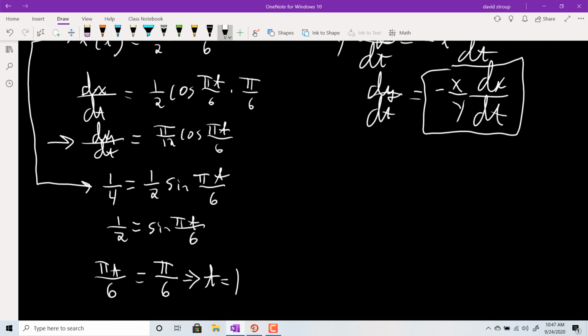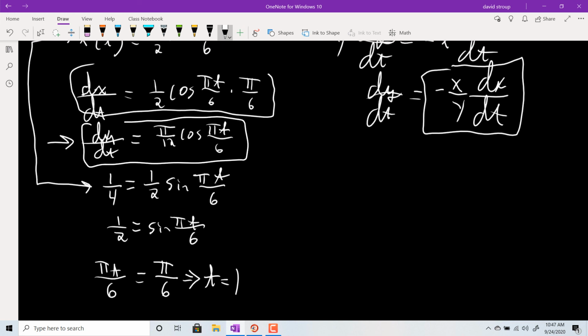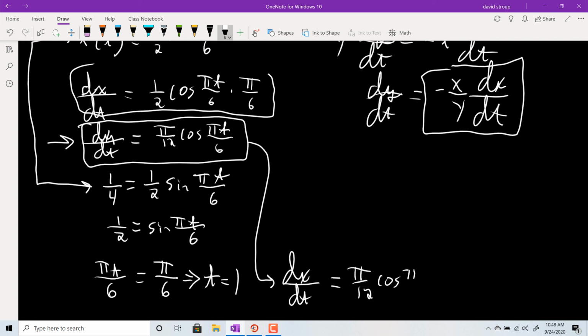Once I get t equals 1, I can now find my dx with respect to dt. I take this formula that's been simplified and substitute in 1. So I'll get dx with respect to dt equals pi over 12 times the cosine of pi over 6.